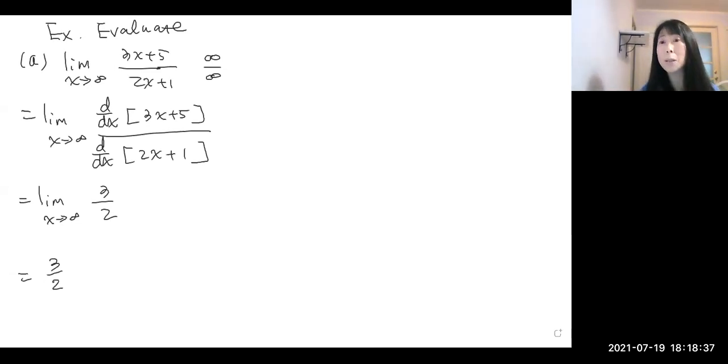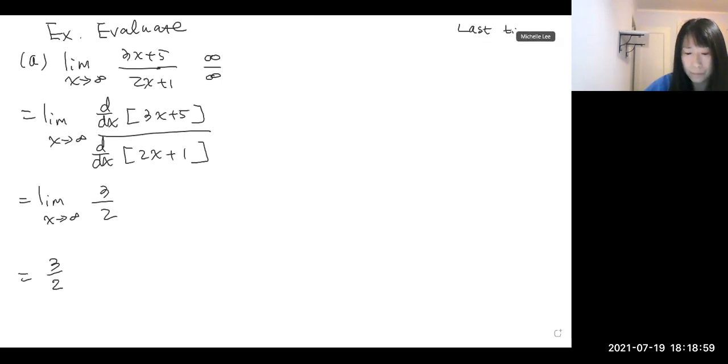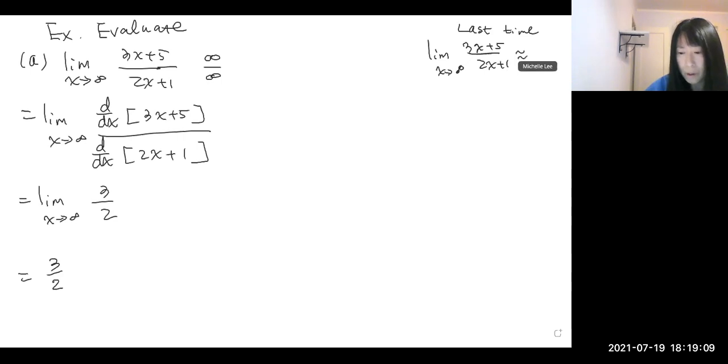So I gave you a tip last time, right? If x approaches positive infinity or negative infinity, we take the dominant term from the numerator and denominator respectively. Then it is approximately, for example, 3x over 2x, the dominant terms, right?